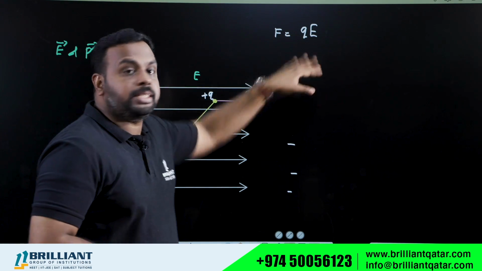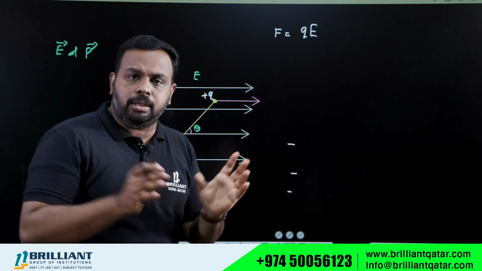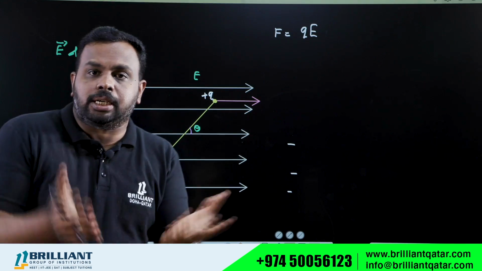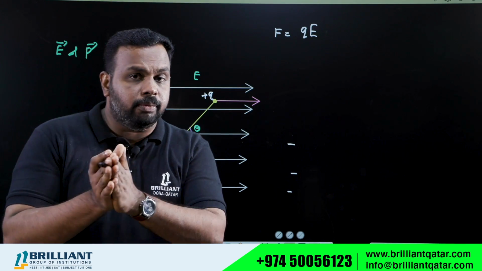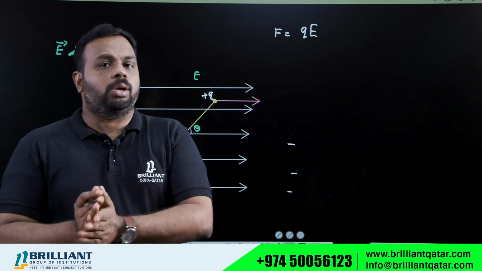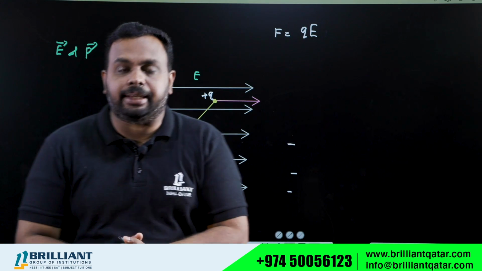Plus q charge is experiencing a force qE towards right. Is there any other force acting on this dipole? No, because there are only two charges. But when you analyze these forces, you can see that both the charges are experiencing equal amount of force, but they are acting in exactly opposite directions.